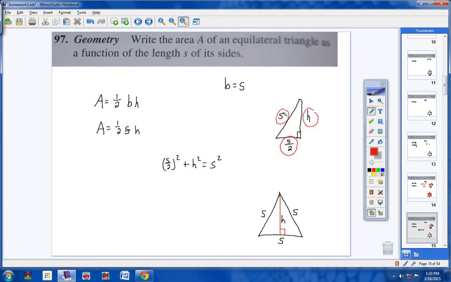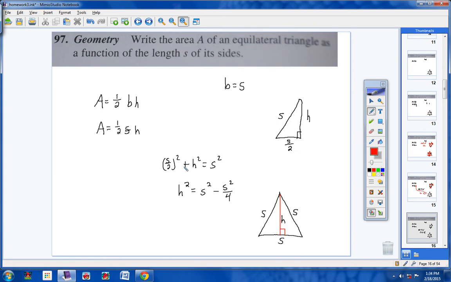I take my hypotenuse and I square it. Now, what do you want to get rid of? H. So what do you want to get all by itself over here? H. If you can get H all by itself, H equals something over here, then you can pick this up and put it in for H over here, and we're good. So our goal is to get H all by itself.